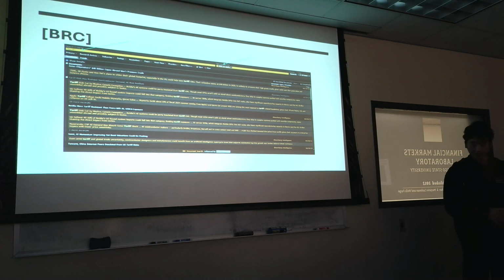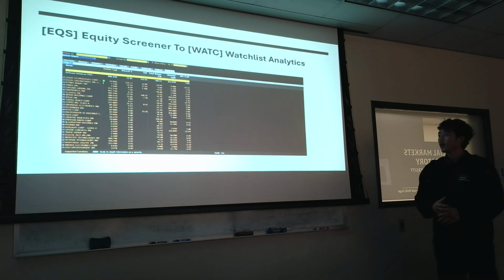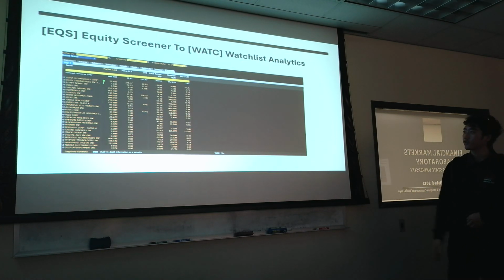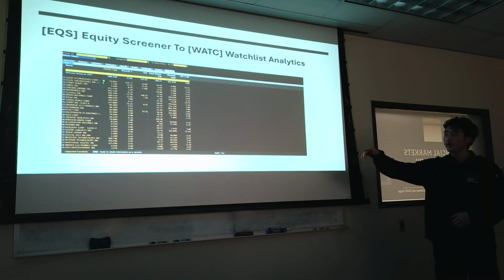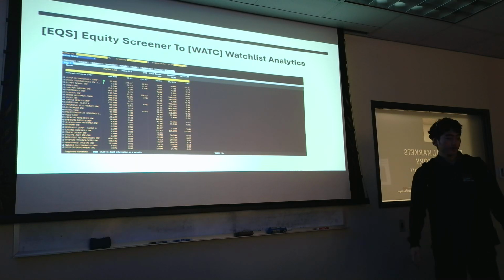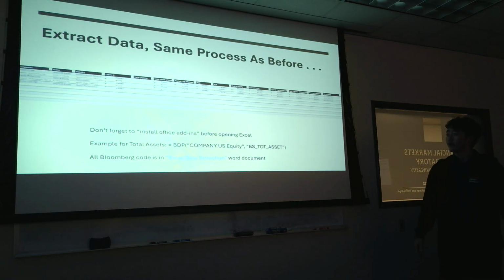Next slide, please. Then EQS to watch list. Look through domestic companies that are not affected by tariffs, do your analysis, and then list that onto the Excel sheet like we did before. Same exact process. Don't forget to install Office add-ins, like right now, actually.